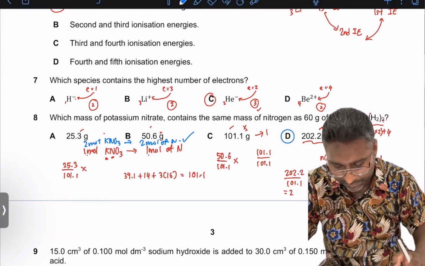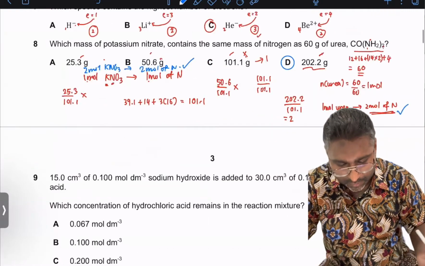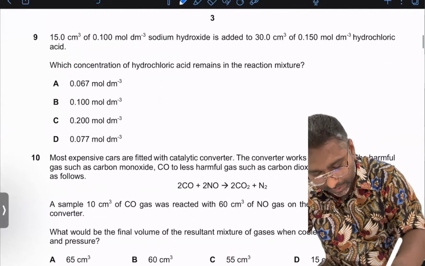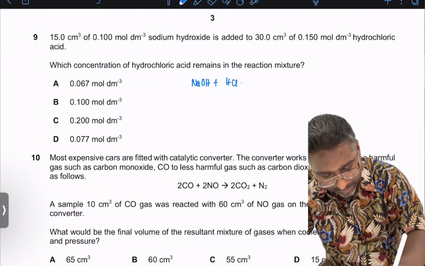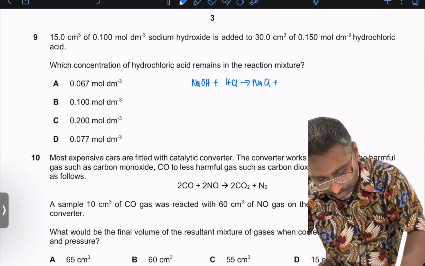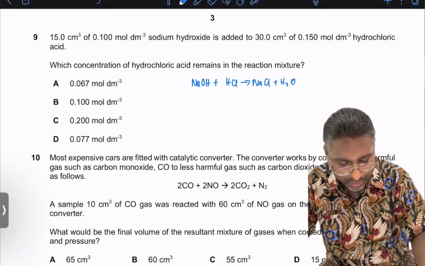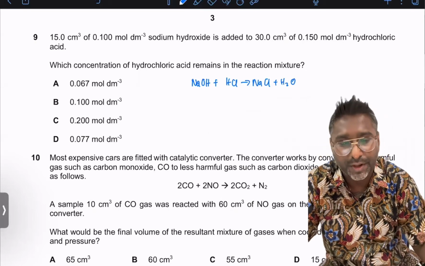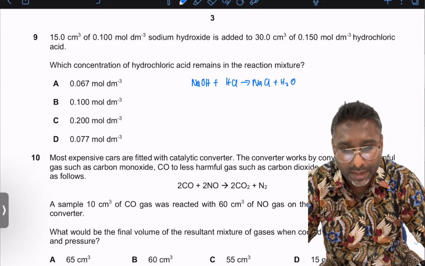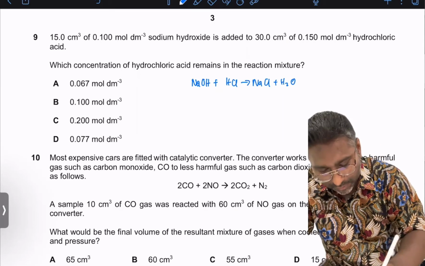Let's move on. Number 9. Sodium hydroxide is added to hydrochloric acid, so I'll just write NaCl plus H2O. If you balance, everything is balanced already, 1 to 1 to 1 and so on. Now they have all this information.